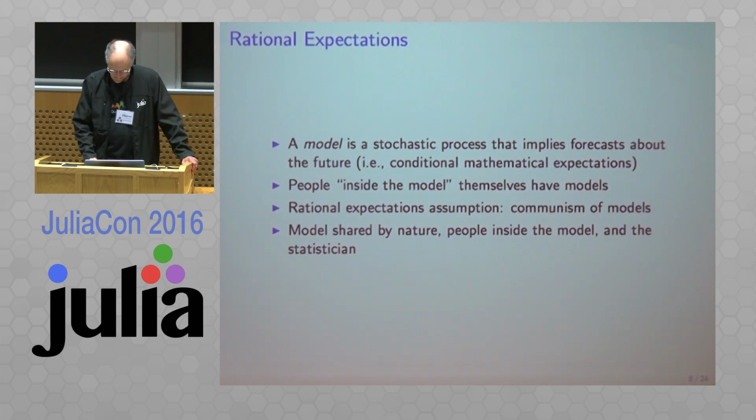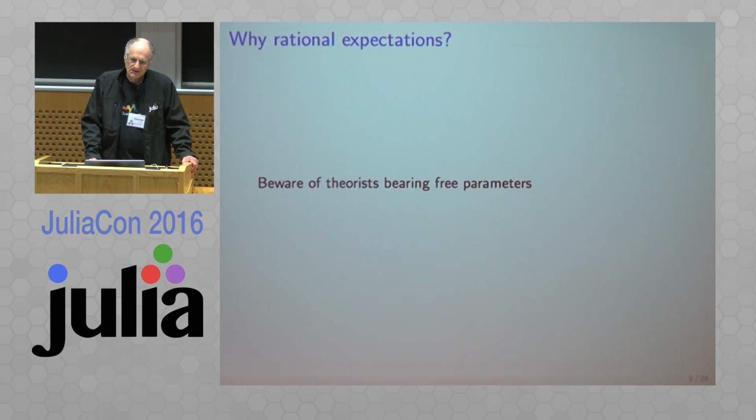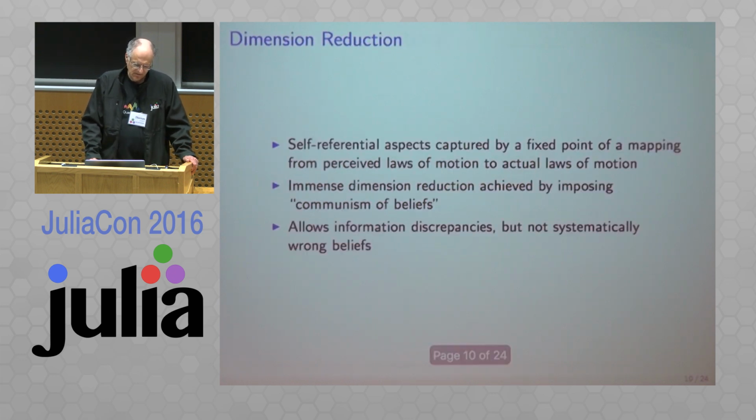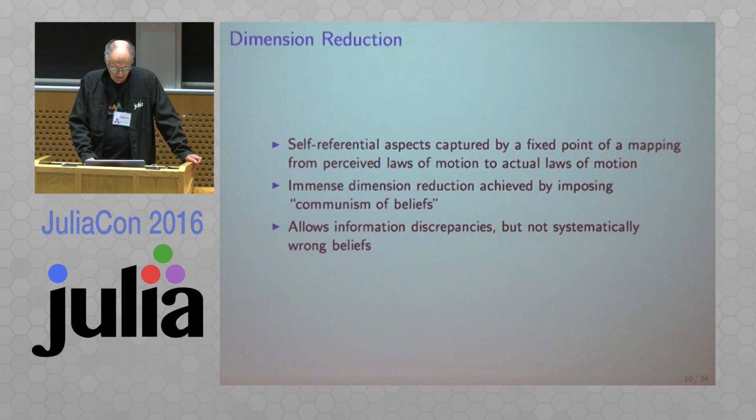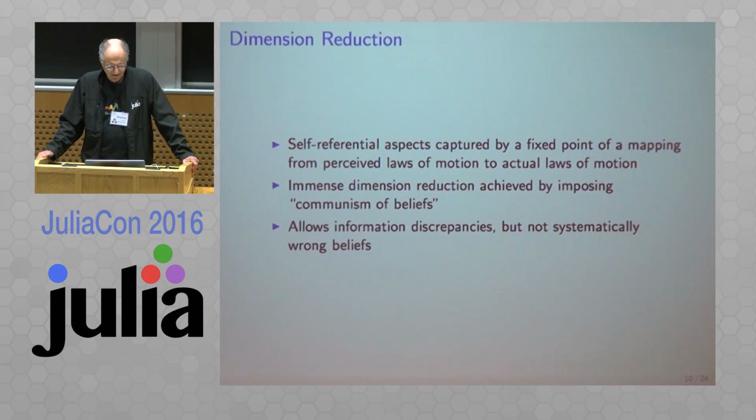Okay, so why rational expectations? Robert Lucas, a great economist of Chicago, said, beware of theorists bearing free parameters. Bayesians say that all the time, and for a reason. So the way this surfaces is dimension reduction.